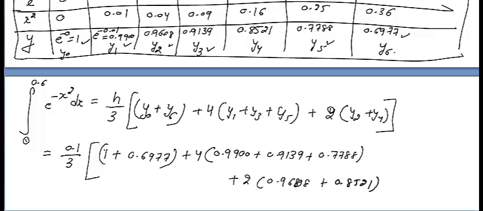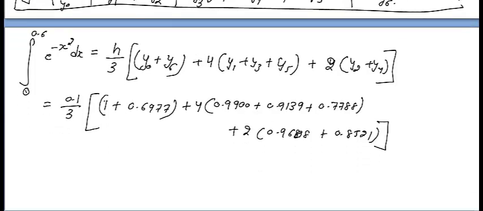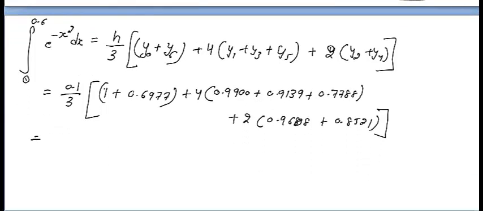Okay. So what you are getting here, when you solve this, let's try to solve it. 0.1 divided by 3. So when you add it, what will you get? You will get here 1.6977, the sum of these two values.